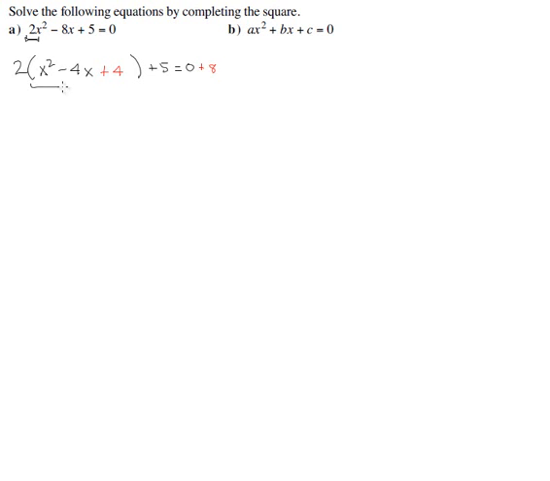So now, this expression we've made should factor very nicely, and it does. It becomes x minus 2 all squared, and then we have +5 equals 8. So now we want to solve this for x. That means we need to subtract 5 from each side.